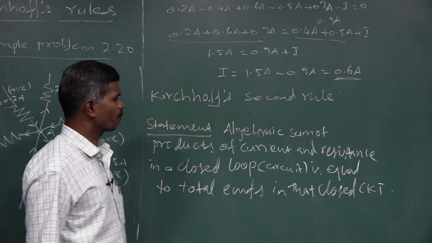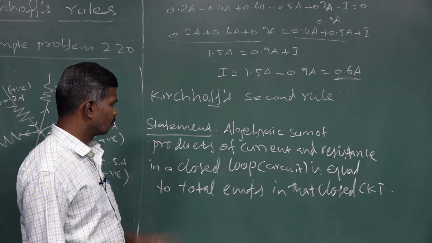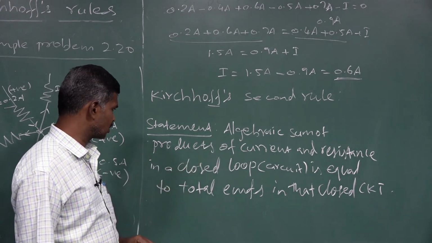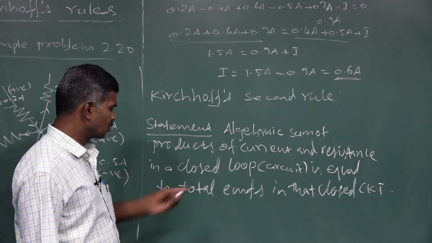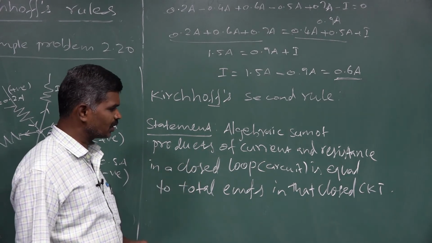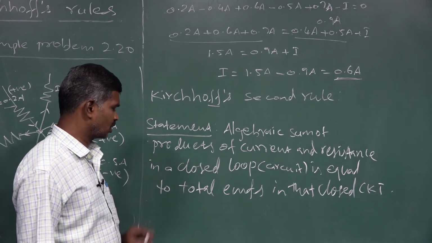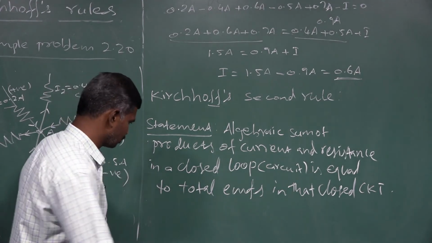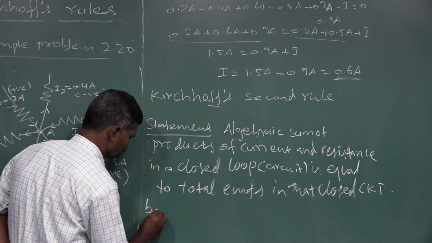So the definition is the algebraic sum of the product of current and resistance in a closed circuit is equal to the total EMFs in that closed circuit. This is the statement. There we have some basic rules also. Those basic rules we are going to see.